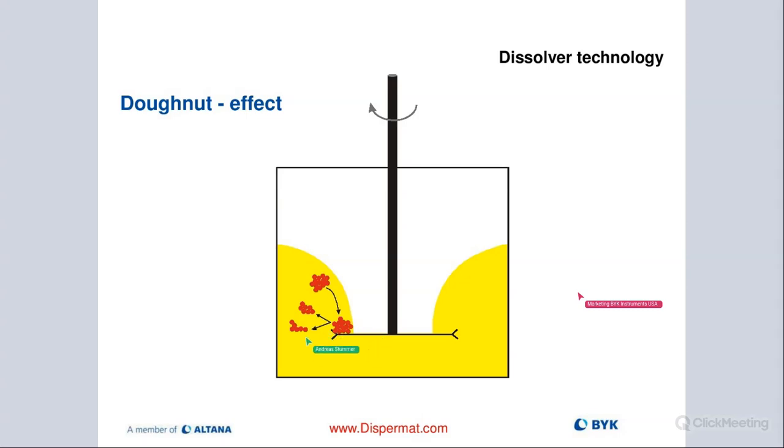On this picture, what's missing is that the same effect would happen on the bottom also, not just on top. So it would be on top and on the bottom of the blade. And that's where the shear forces are the highest, and where that separation of the binding forces will take place.